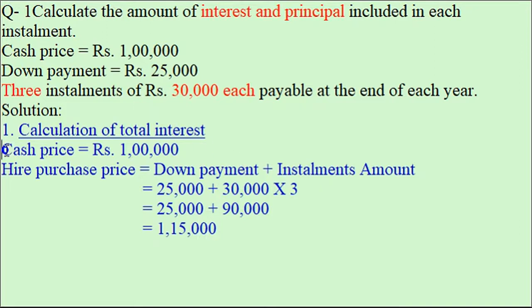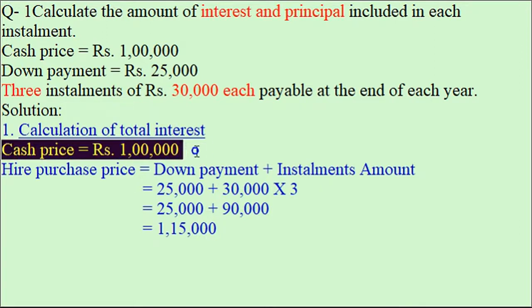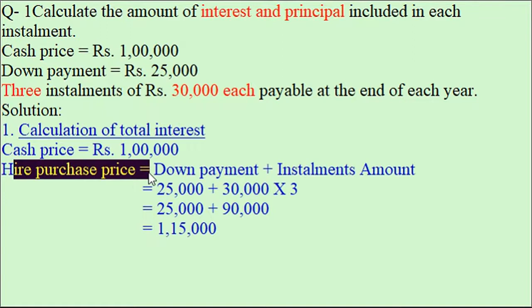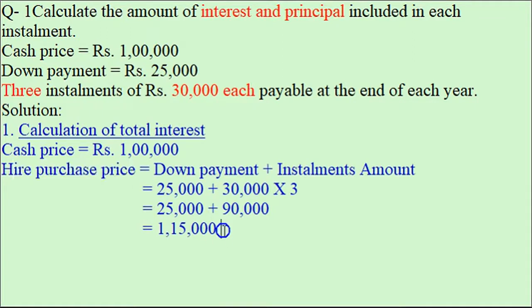Now, if you want to purchase this asset by paying cash, you will have to pay 1 lakh rupee. If you are purchasing the asset by hire purchase system, then you have to pay 1,15,000 for the asset. So you are paying extra 15,000 for the asset. That extra 15,000 which you are paying is your total interest.